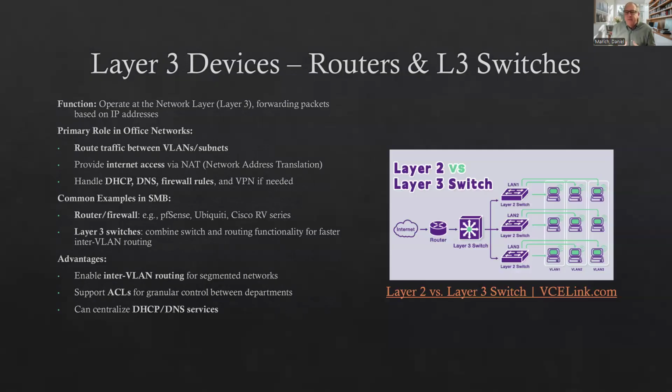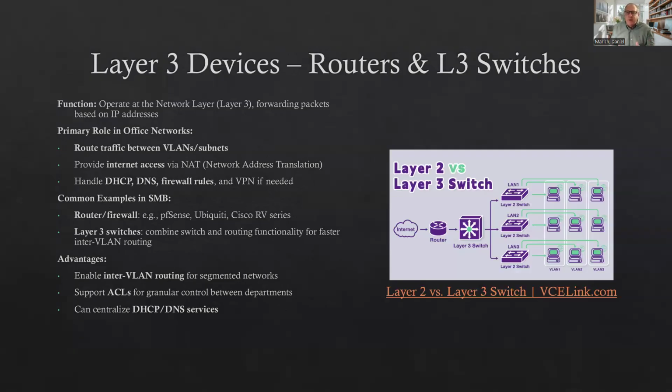But layer 3 devices operate at the network layer. They forward packets based on Internet Protocol, or IP addresses. So instead of using MAC addresses tied to the ARP table on a layer 2 device, they focus strictly on using the IP address to forward packets.